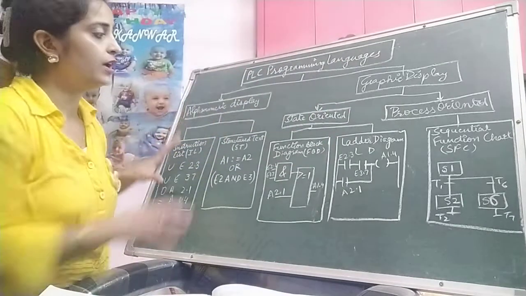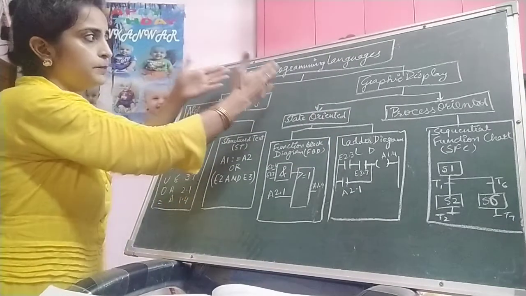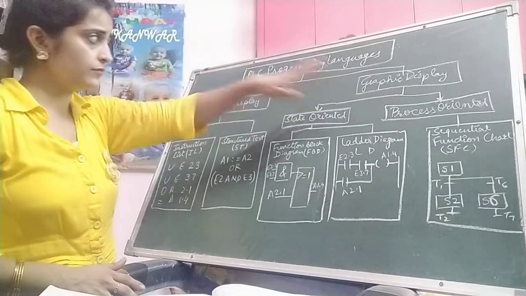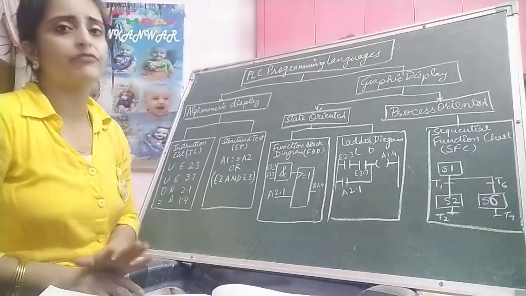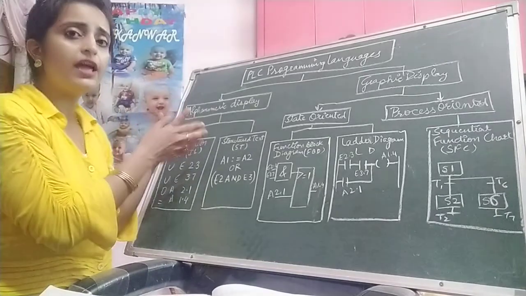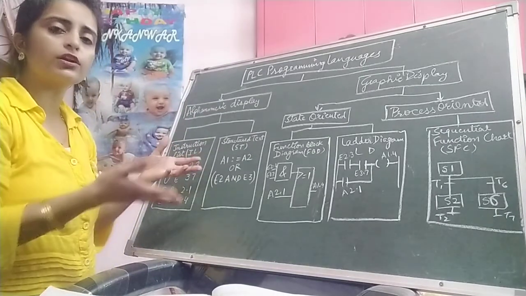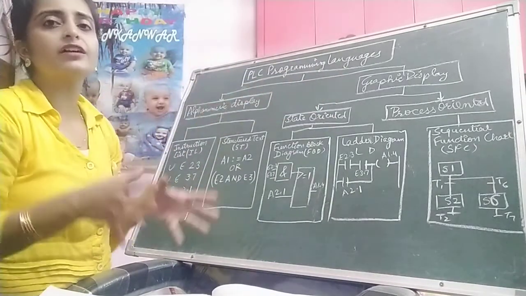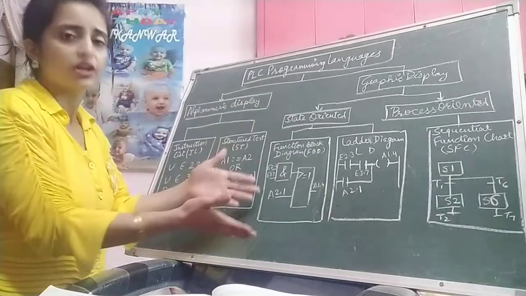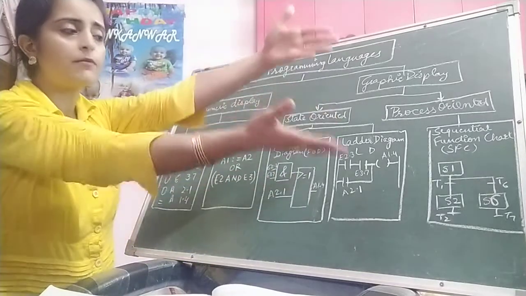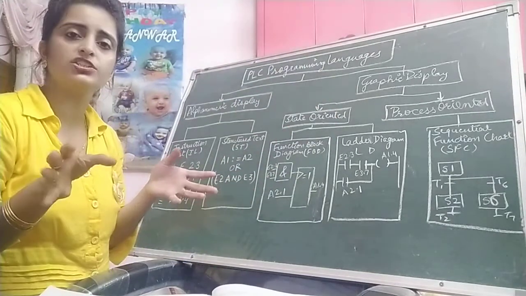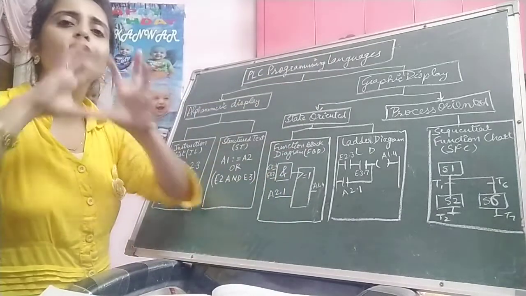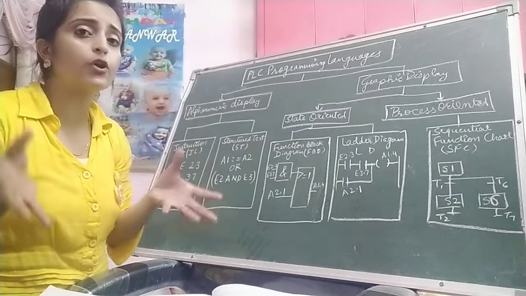The PLC programming language is basically classified into two types, that is alphanumeric and graphic display. In the alphanumeric display, we use alphabets and numerals for programming, and in the graphic display we use graphical representation. That may be a functional block diagram, a ladder diagram, or a sequential function chart, but we will be doing our programming in the form of graphics, in pictorial representation.